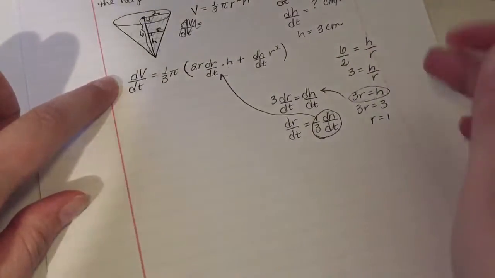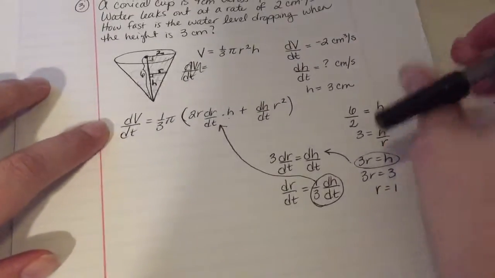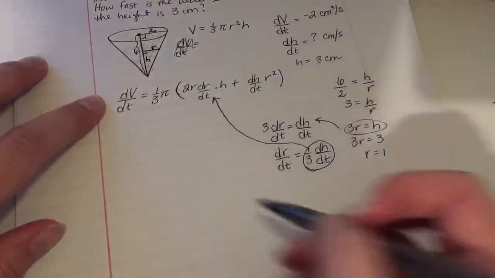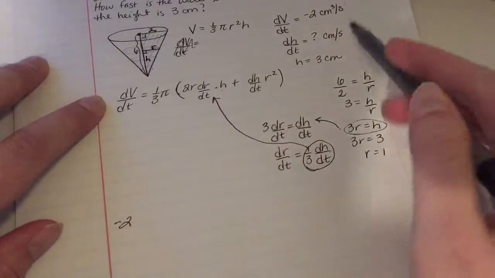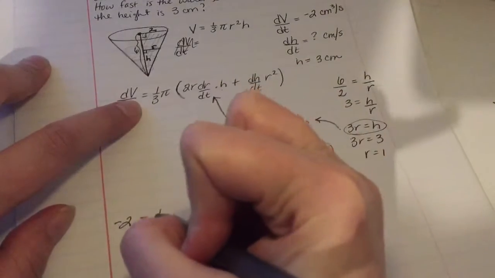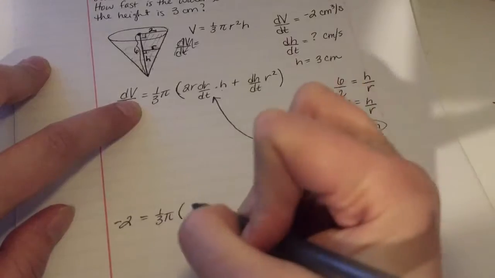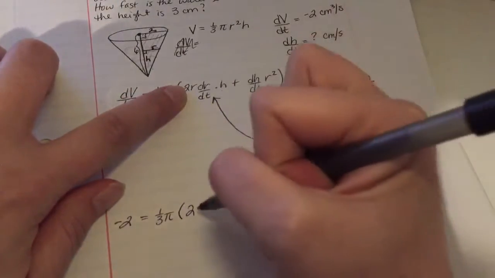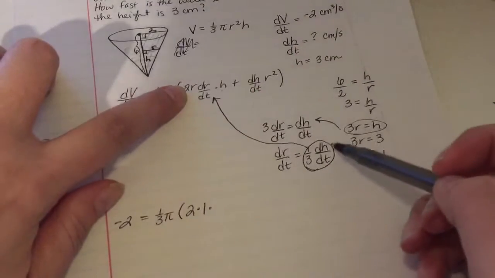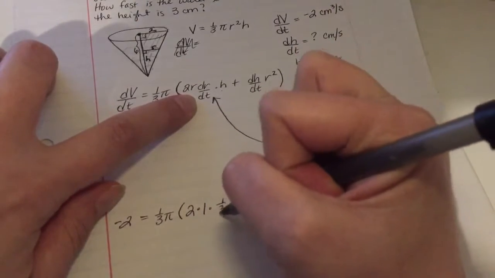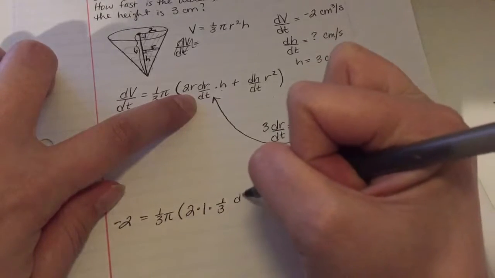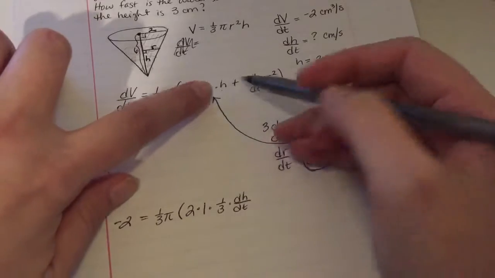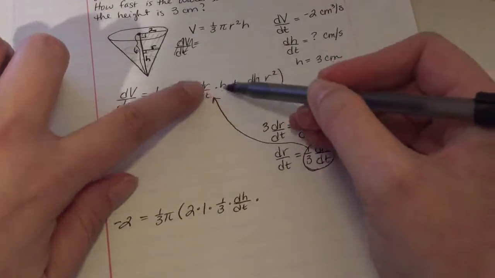So now I get dV/dt, which is up here, -2. Okay. -2 equals 1/3 pi times 2 times, there's our 1, times, I don't know that, so 1/3 dh/dt, times h, which I know, so don't get confused.